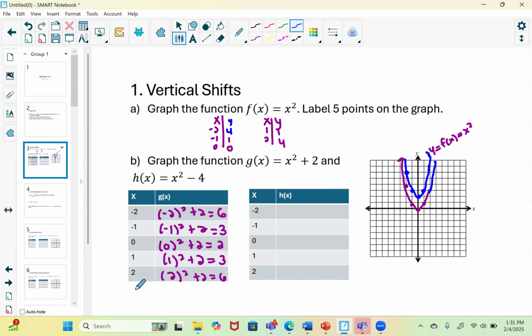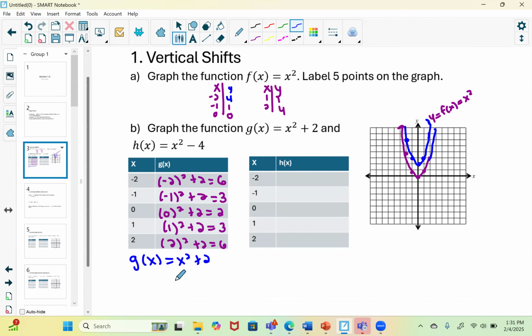So when we have g of x equals x squared plus 2, the graph of x squared, or f of x, is shifted 2 units up, where we added 2 to every y value. So that's what happens when we add 2.